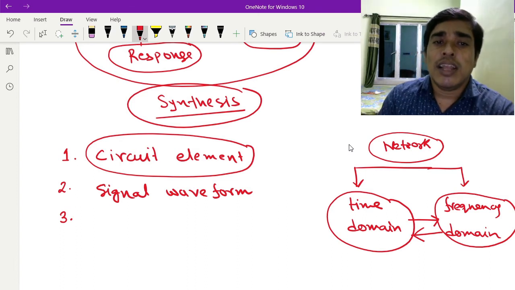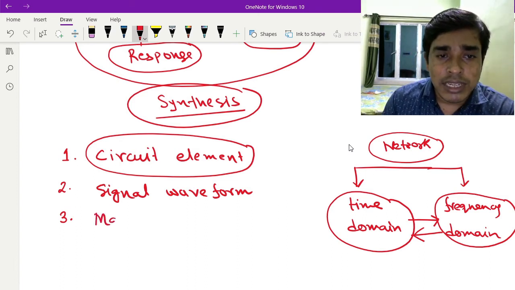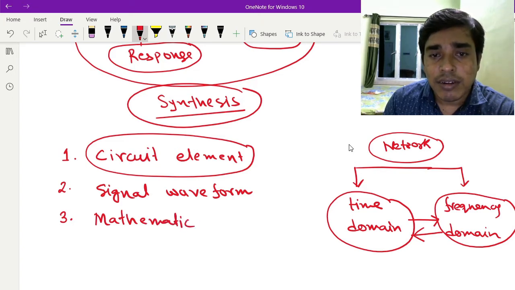For this, you have to know some mathematical tools.